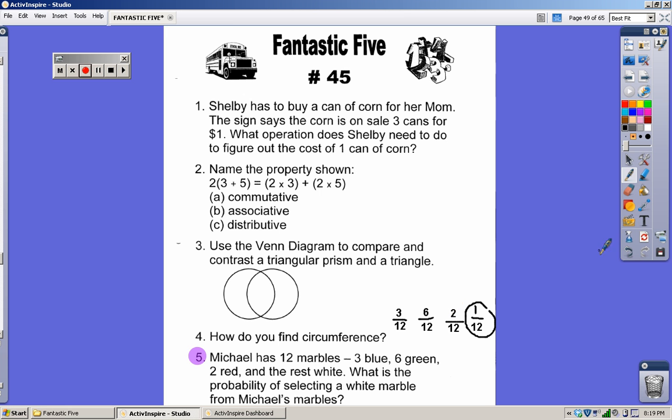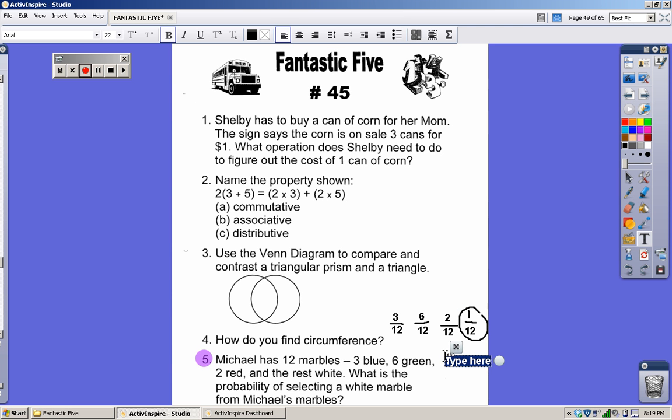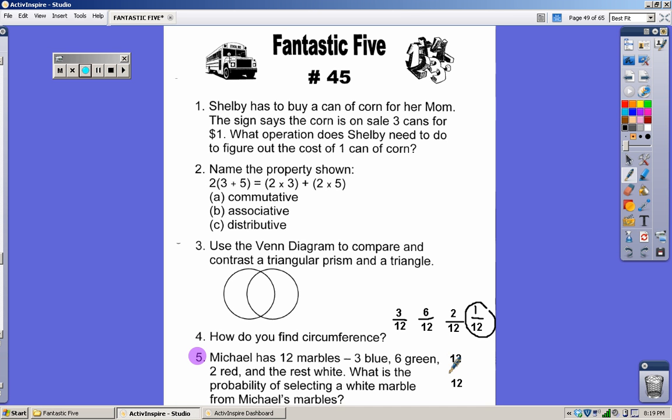A whole in any occasion, in any number sense, is whatever the base is, whatever your denominator is, over your numerator, and they would be the same thing. 12/12 is a whole. 12 parts out of the entire 12.